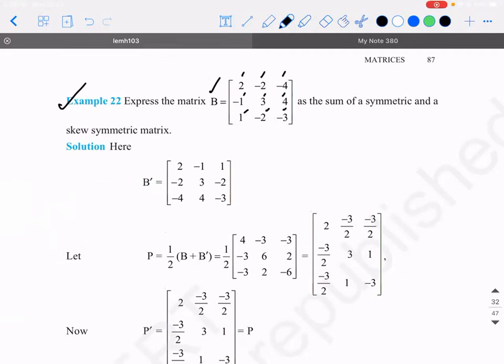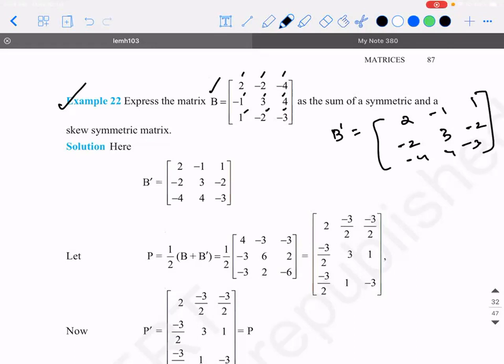Express this as a sum of symmetric and skew symmetric matrix. So what is B transpose? 2, 3, minus 3 is undisturbed, minus 1, minus 2, minus 4, 1, minus 2, 4.